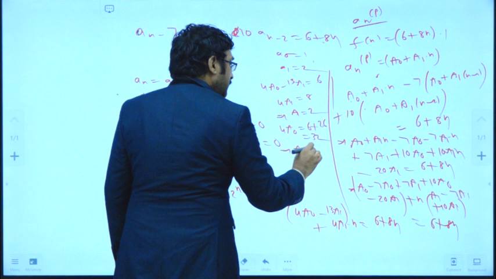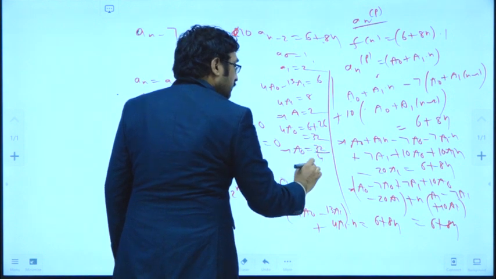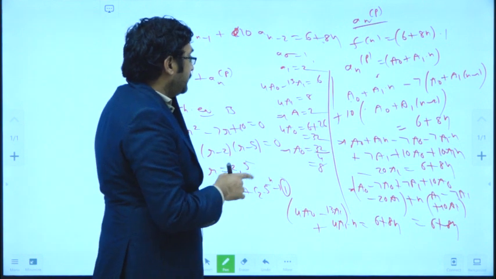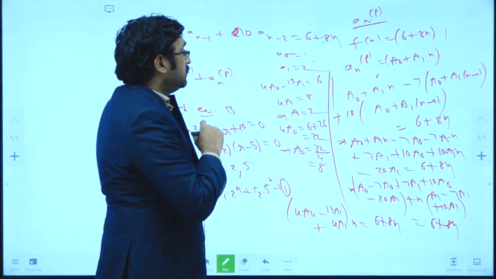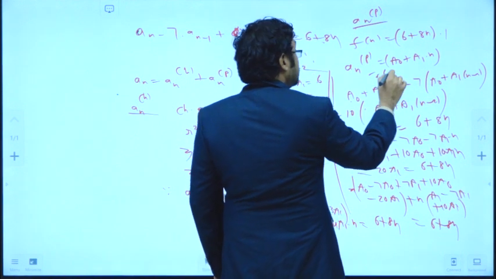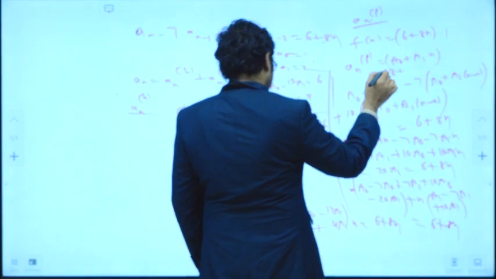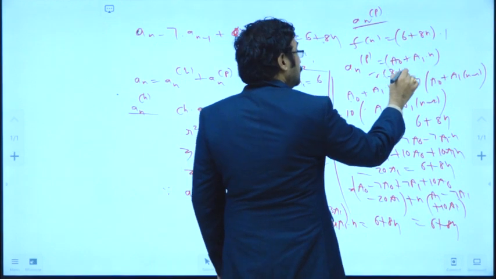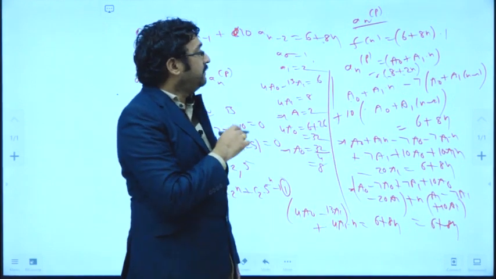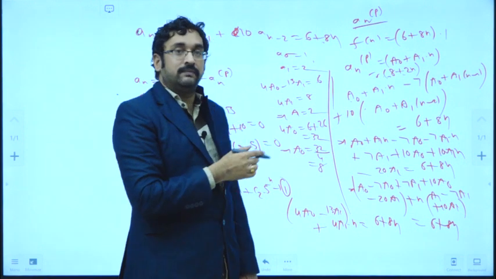That implies a0 equals 32 by 4, equal to 8. So finally we got a0 equal to 8, a1 equal to 2. Substitute here. So a n power p will be a0 means 8 plus 2n. So the particular solution will be a n power p equals 8 plus 2n.